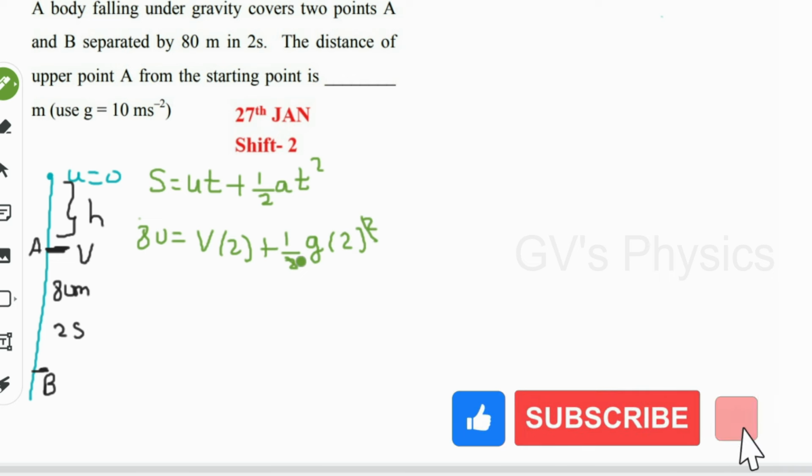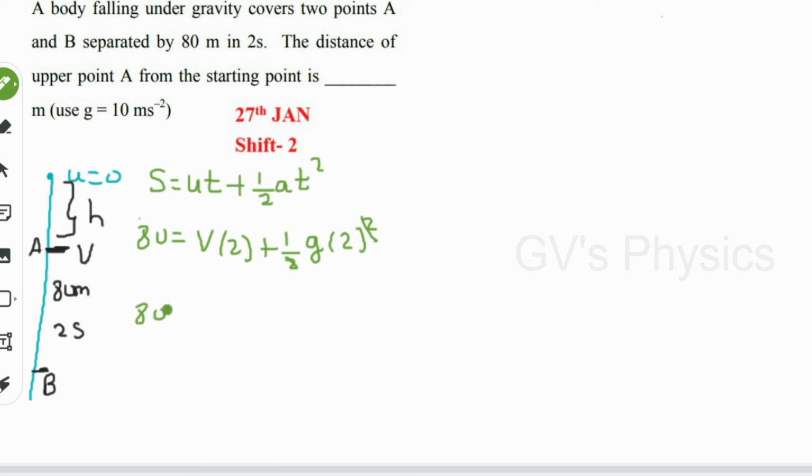So 2 will get cancelled. So 80 is equal to 2V plus, in the place of g we substitute 10, so 10 into 2 is 20. Taking 20 to the opposite side, it becomes 60 is equal to 2V, and V is 30 meter per second. So we found the velocity, which is 30 meter per second.